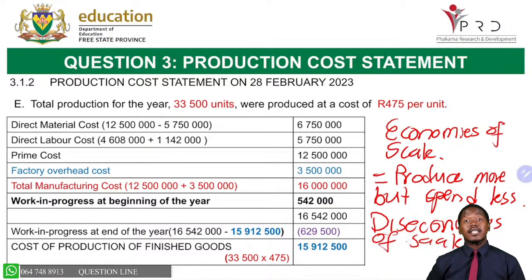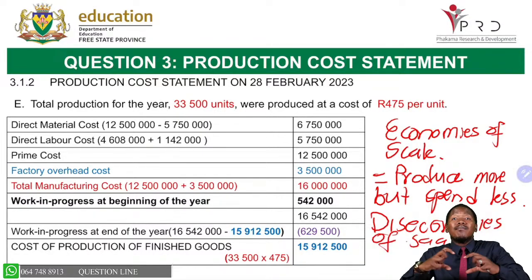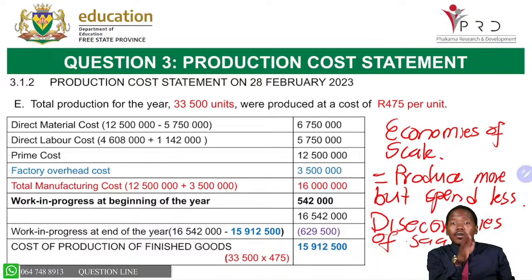Now, how do we see the question on economies of scale? They may ask you that the fixed cost per unit have decreased while the production increased. Can you explain what's happened there? You will say economies of scale, because you are spending now less on fixed cost since you are producing more. Meaning that as you produce more, you will have more money to cover your fixed cost per item.